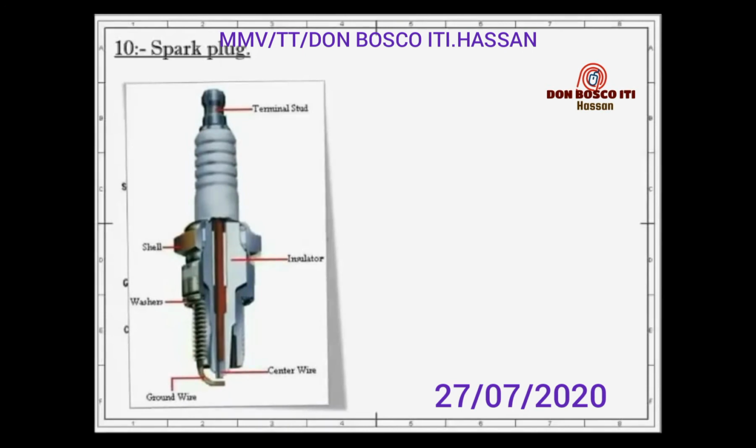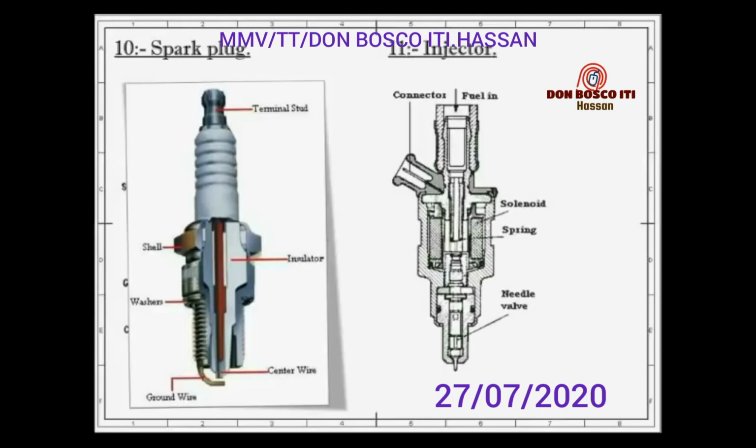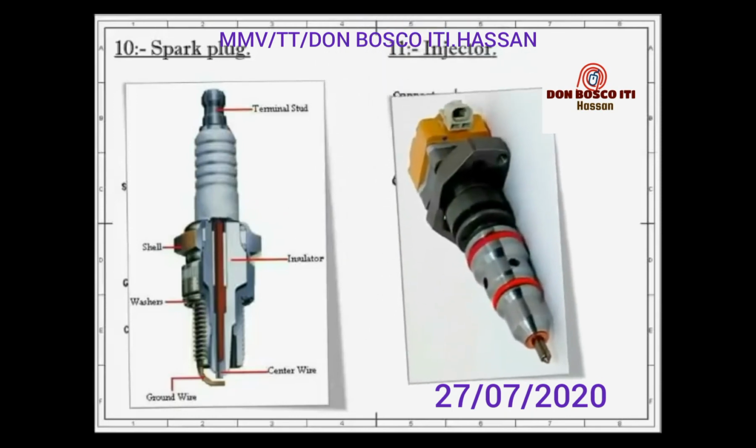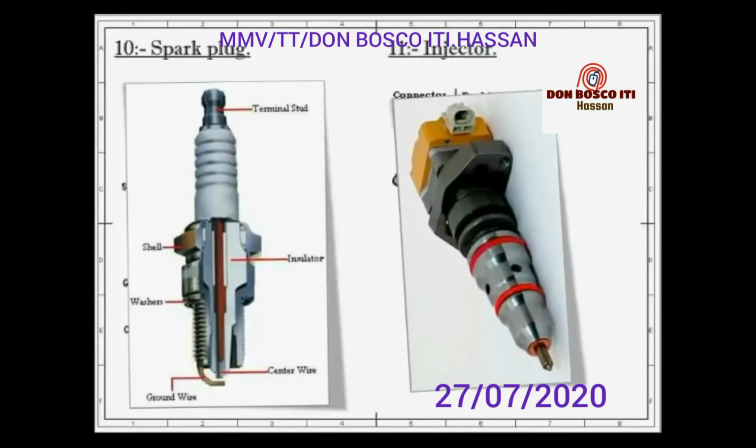When high potential current is supplied to the spark plug, the current jumps from the supply electrode and creates the necessary spark. Next is the injector. They are usually used in compression ignition, that is, CI engines. It sprays the fuel into the combustion chamber at the end of the compression stroke. It is fitted on the cylinder head.